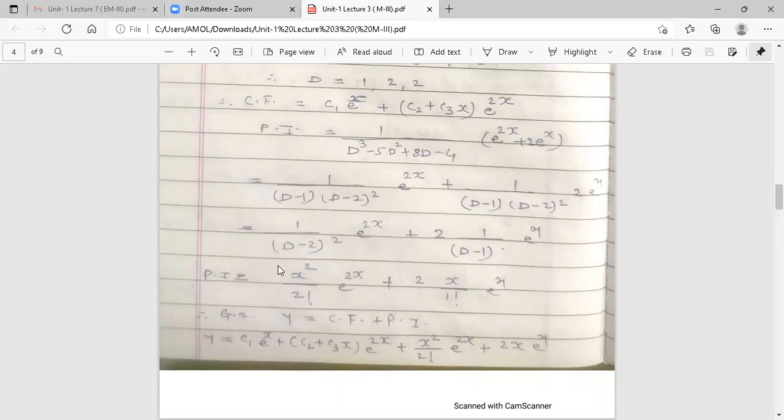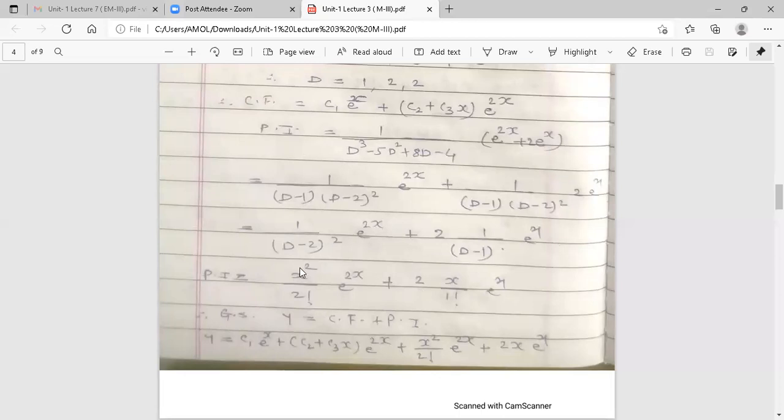Now again solve for (D minus 2) whole square. Here the function is e raised to 2x. So if we replace D by 2, then it is a case of failure. So it is that type 1 upon (D minus a) to the power r, e raised to 2x. So the formula is here. The value of r is here 2.